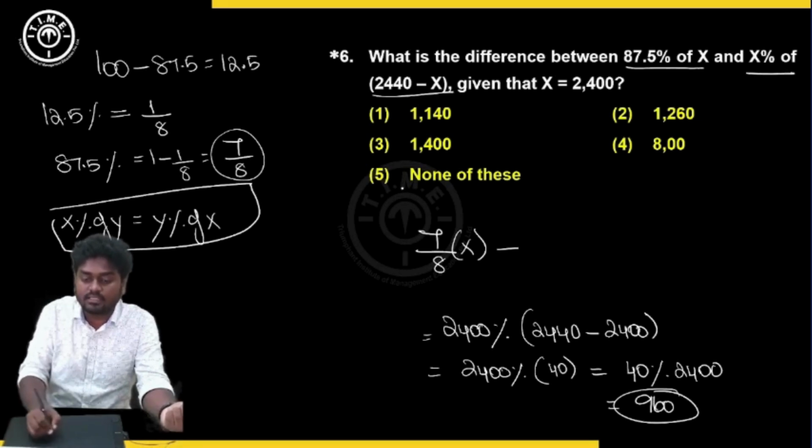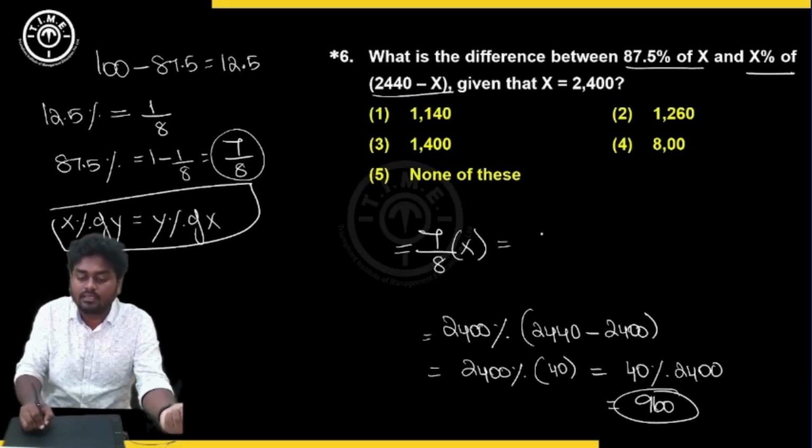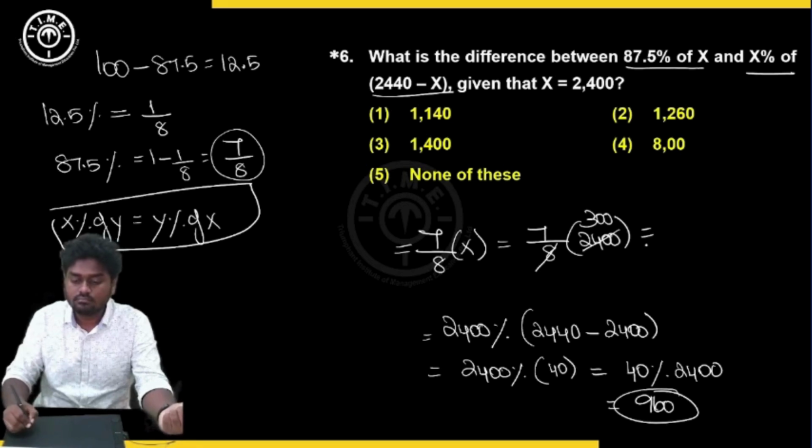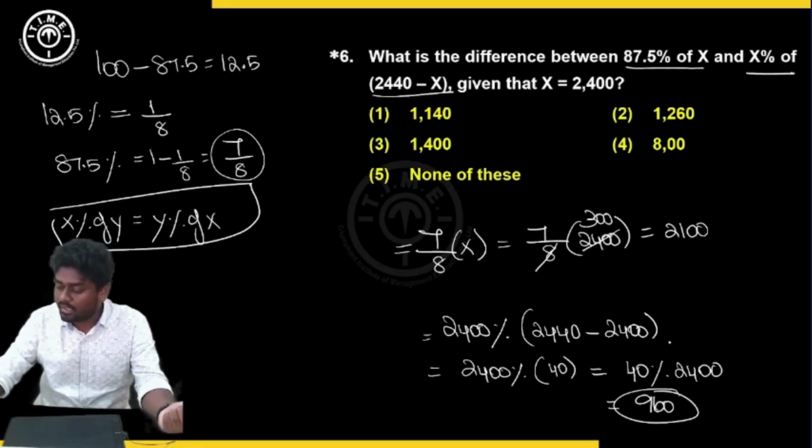The second expression is 960. Now let's find the other expression. That is 7/8 of x. Let's see the value of 7/8 of 2400. If I simplify, this goes 300. So 300 into 7 gives us 2100, right? So from 2100, if I subtract 960.